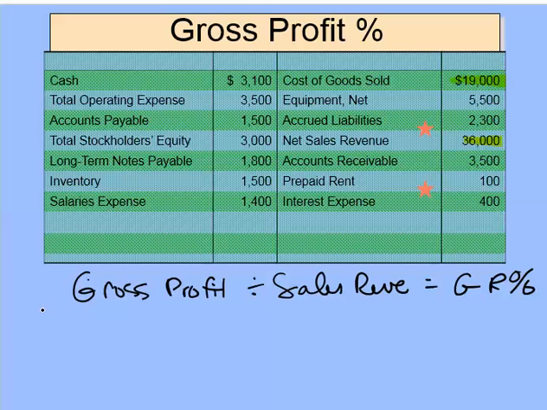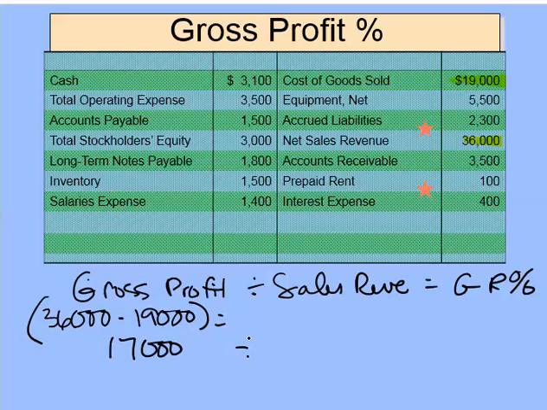So we take 36,000 minus 19,000, and that's going to give us gross profit of $17,000. And then we're going to divide that by our sales revenue, which we just said was 36,000. And that gives us a gross profit percentage of 47.22%.